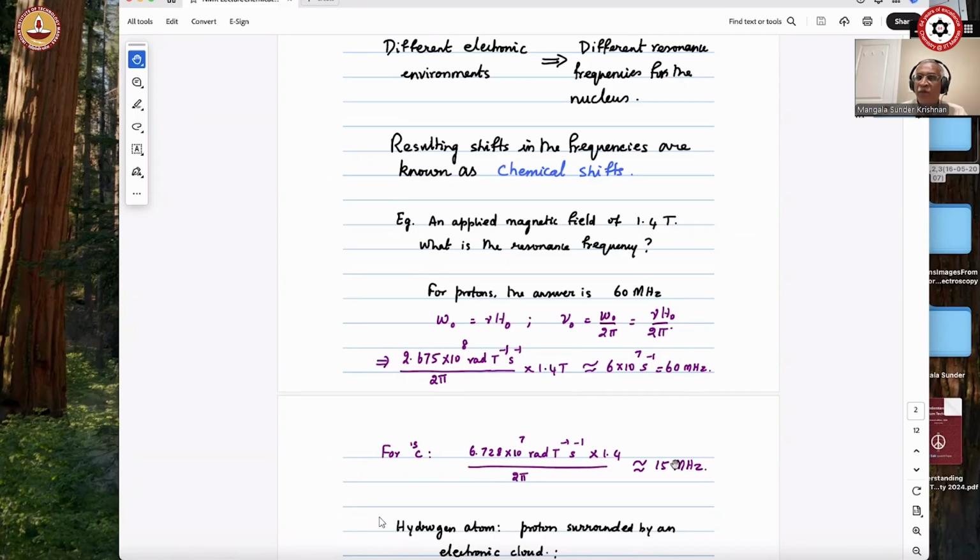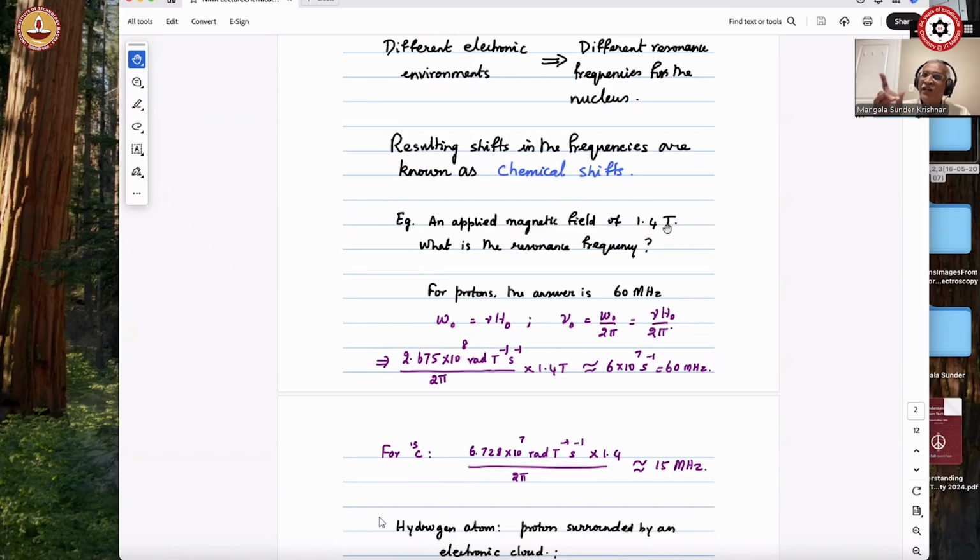The other experiment is you fix the frequency of the coil. Electronically, it is easier. Okay? The coil will generate 60 megahertz only, for example. Therefore, for getting proton to be excited, you must apply a magnetic field of 1.4 Tesla.